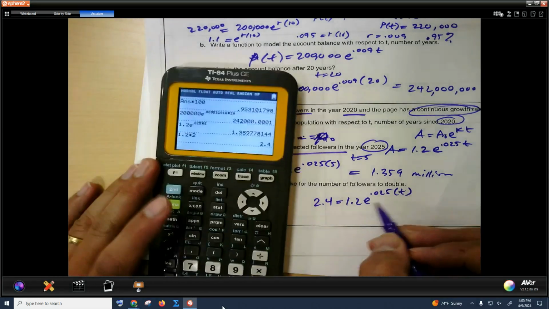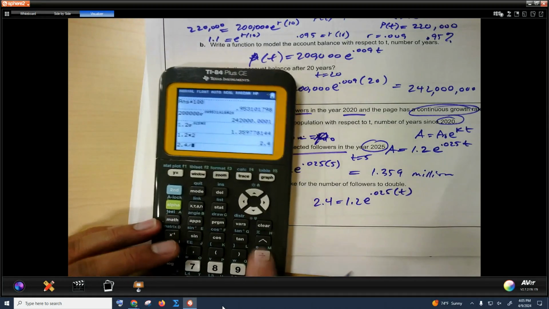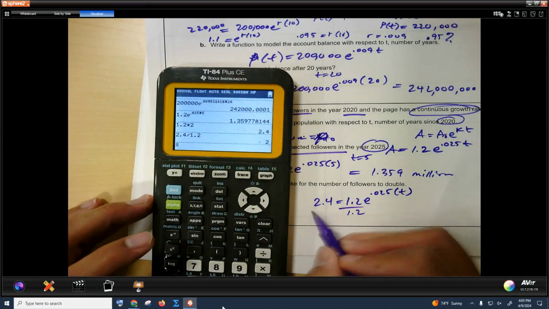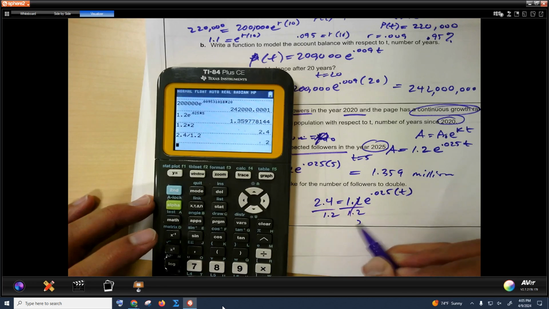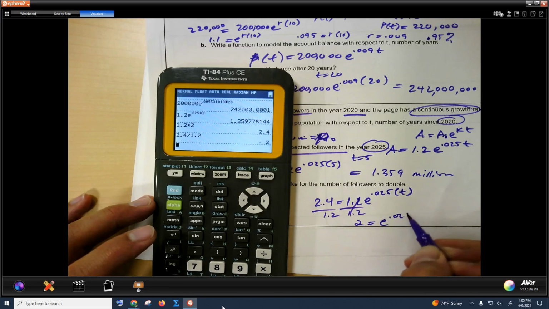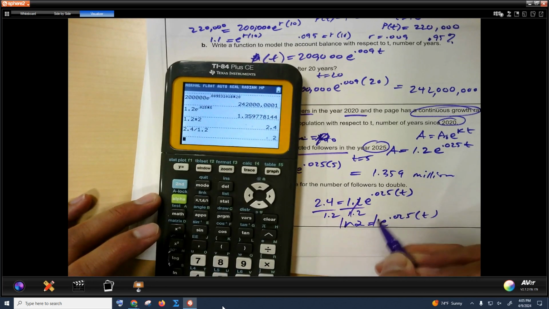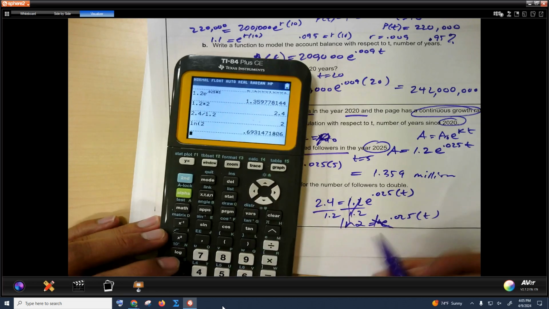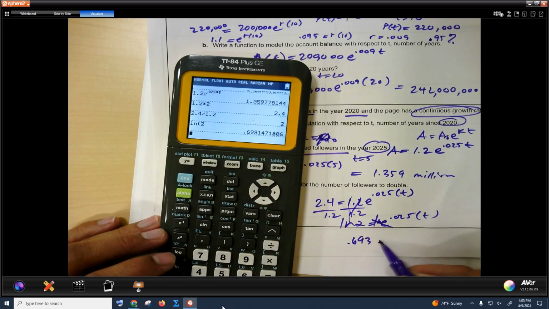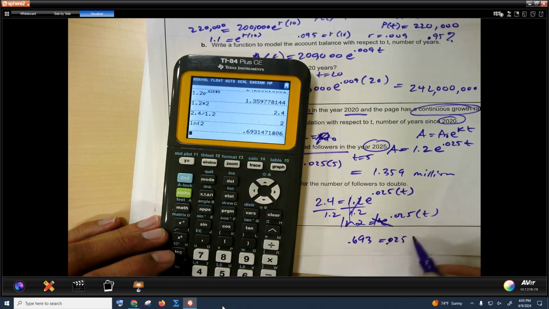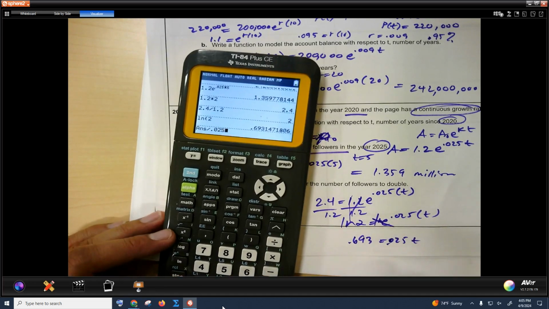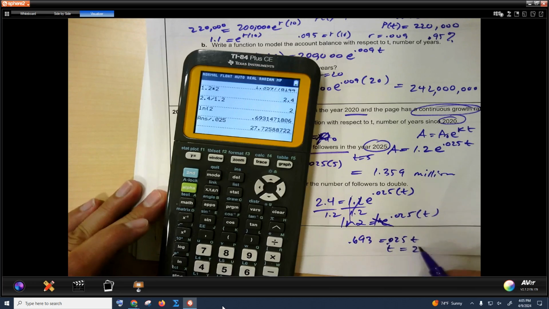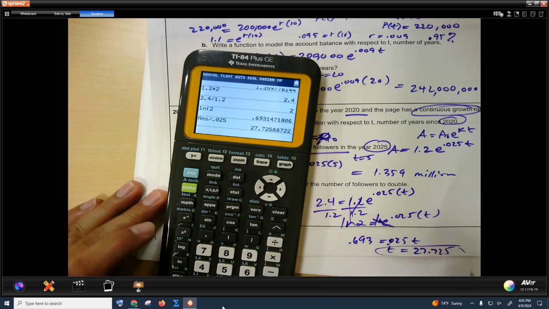So then you can do that, divide 2.4 divided by 1.2. And then undo the E by taking natural log. And then dividing by 0.025. So T is about 27.725 years for it to double.